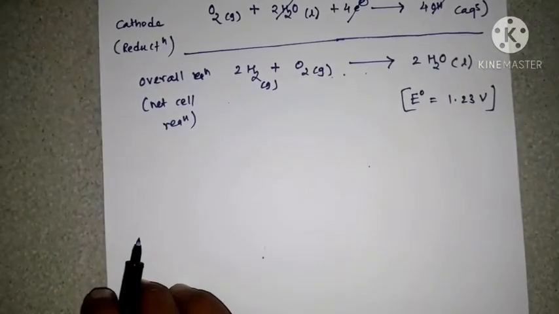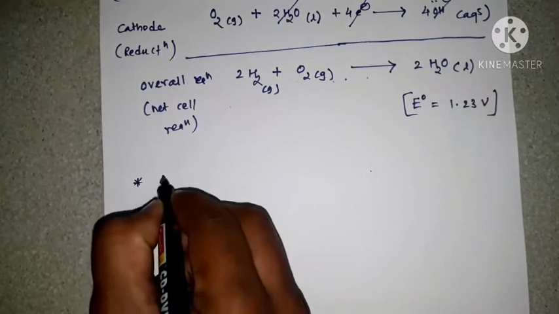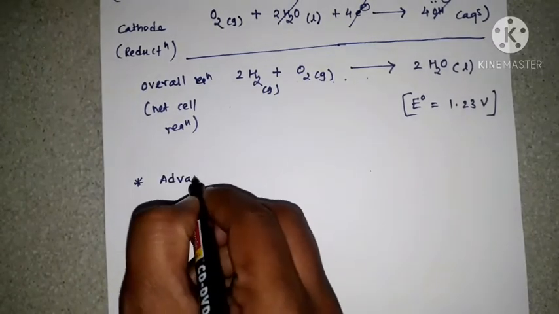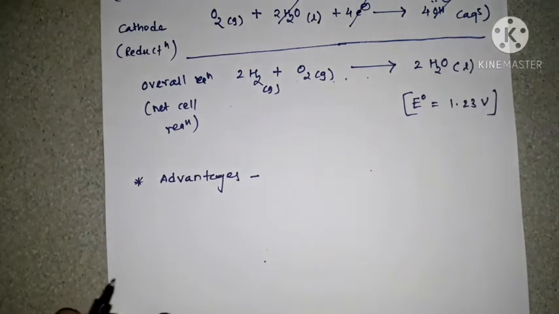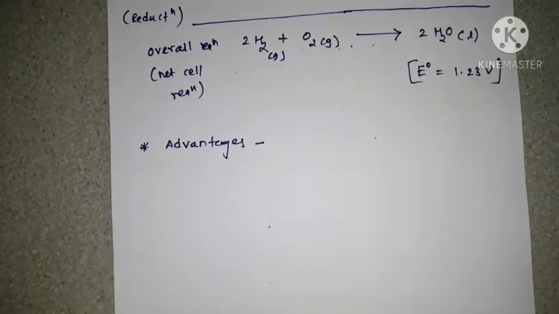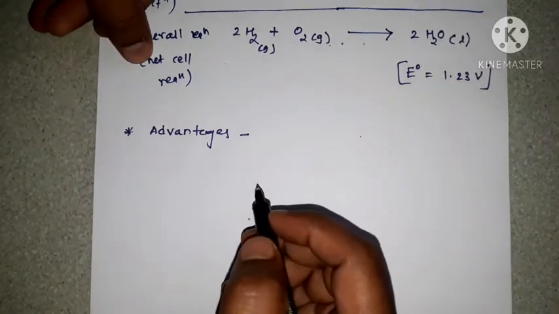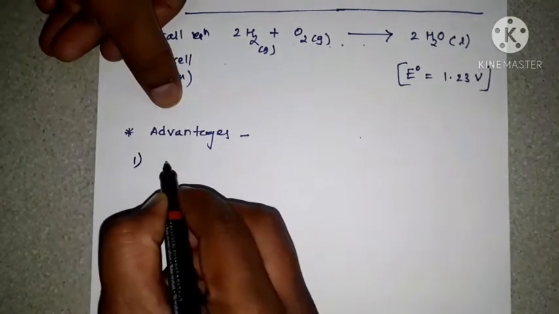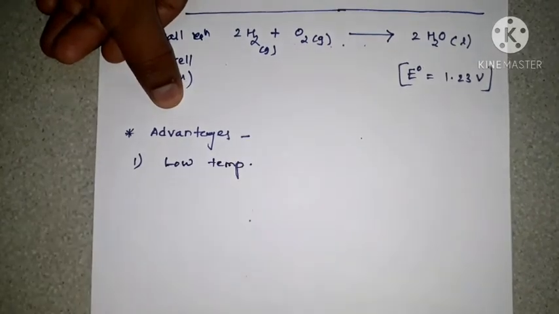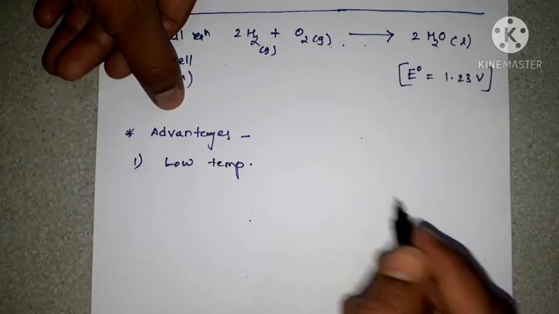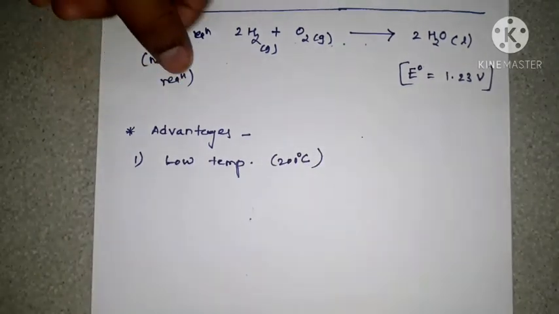what are the advantages of the hydrogen oxygen fuel cell? There are so many advantages. First advantage of the hydrogen oxygen fuel cell is it functions at relatively low temperature. First, low temperature. It functions at relatively low temperature, 200 degrees Celsius. It is very low temperature.